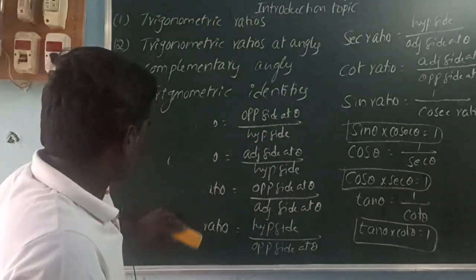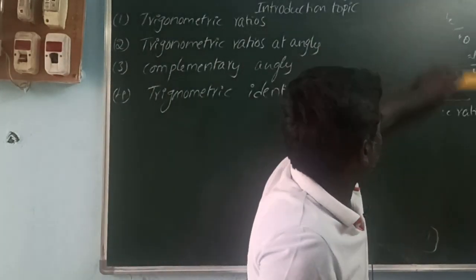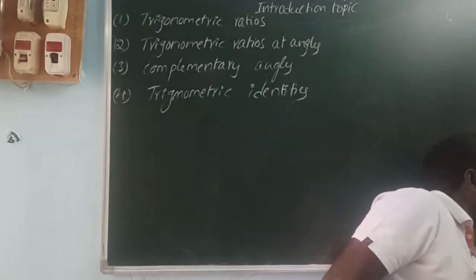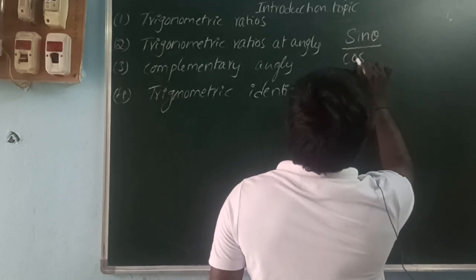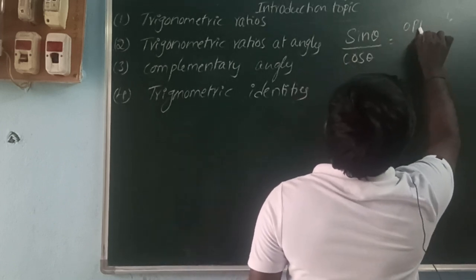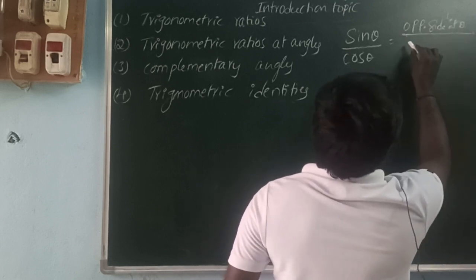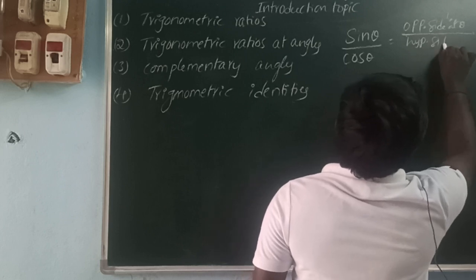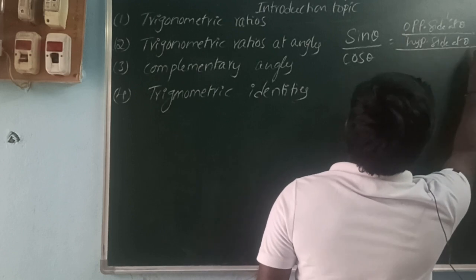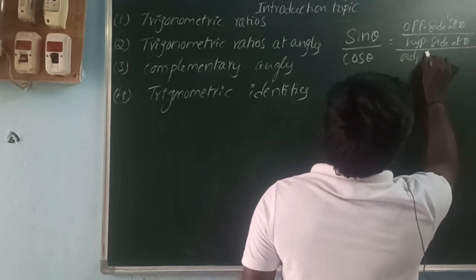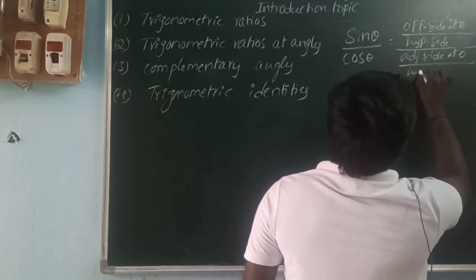So next, sin theta by cos theta. Sin theta is opposite side at theta by hypotenuse side. This is the sine ratio. Cos ratio is adjacent side at theta by hypotenuse side.